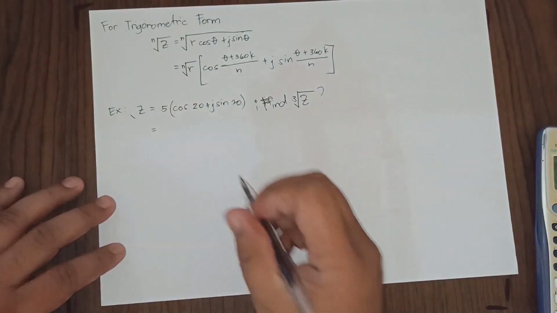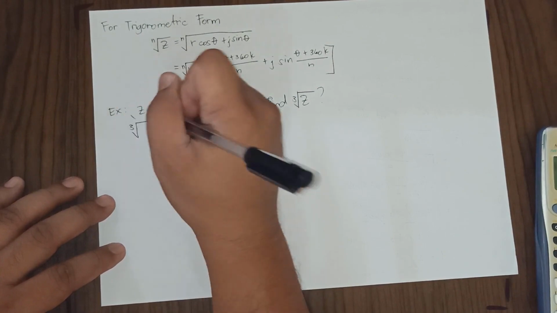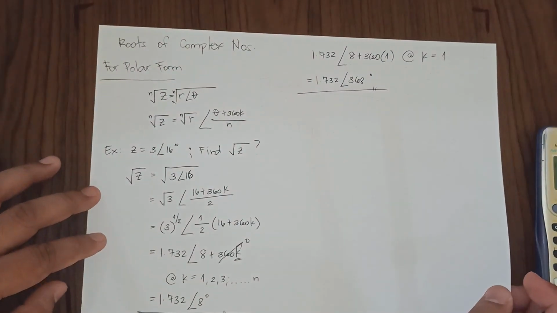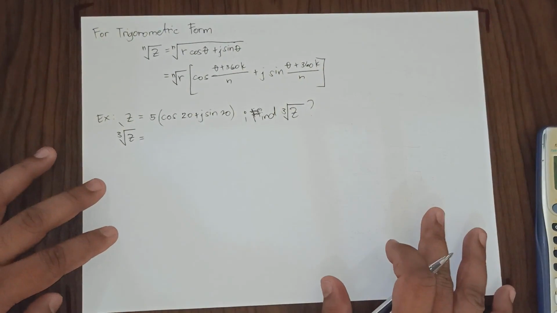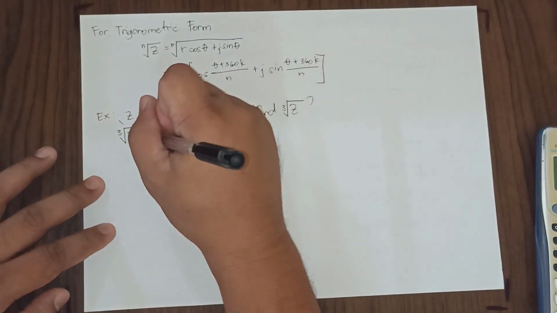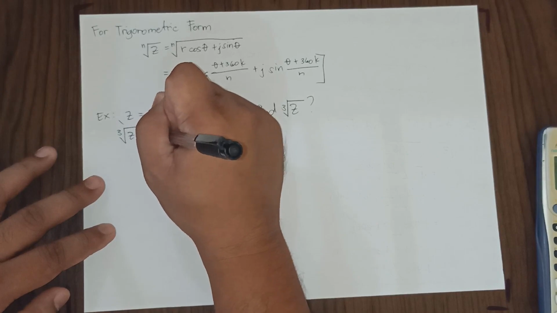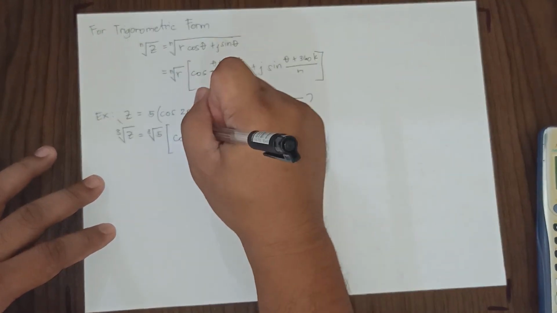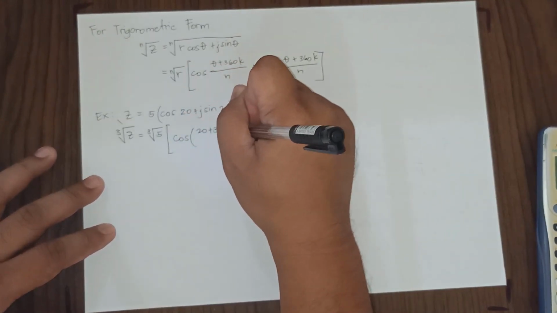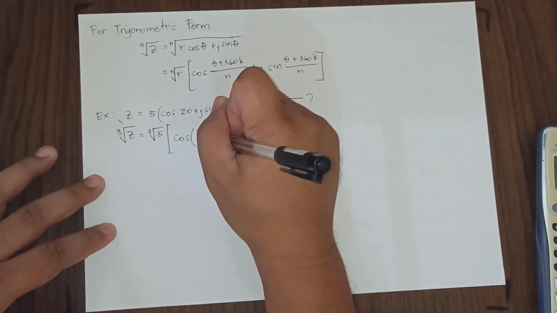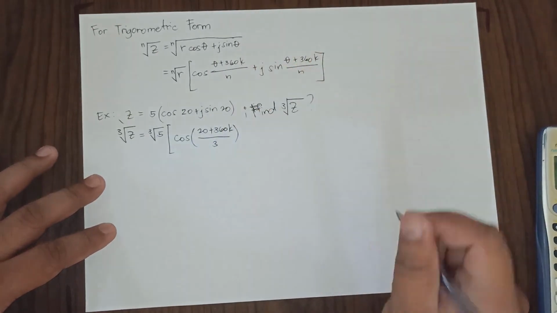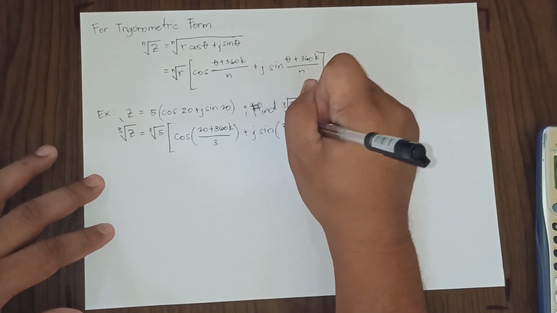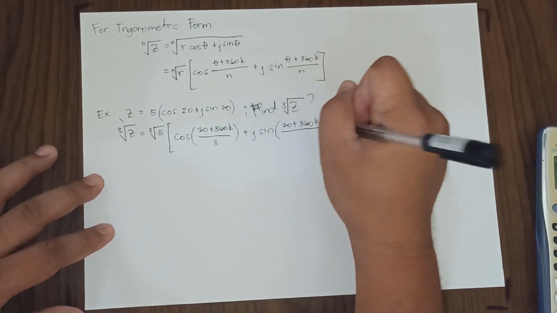So, cube root of z is equal to the cube root of 5, that is cosine of 20 plus 360k all over 3, plus j sine of 20 plus 360k all over 3.